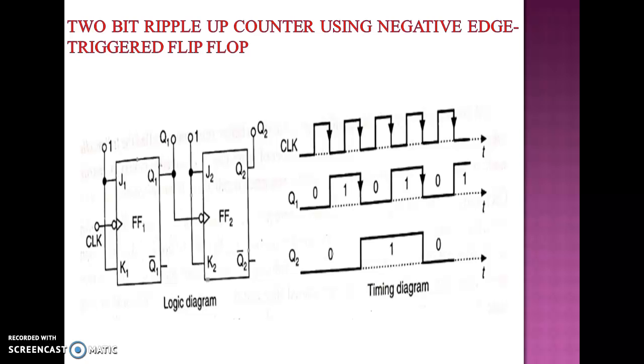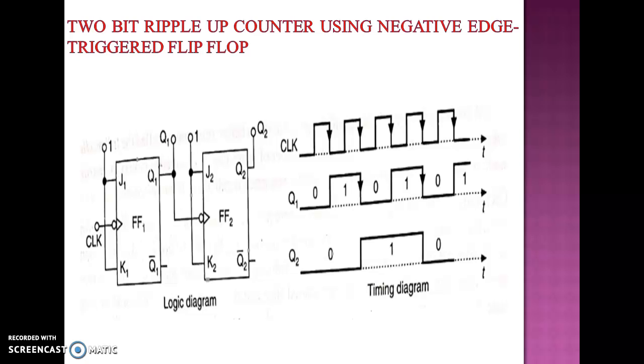When the first clock is applied, flip-flop 1 toggles at the negative going edge of this pulse. Therefore, Q1 goes from 0 to 1. This becomes a positive going signal at the clock input of flip-flop 2.